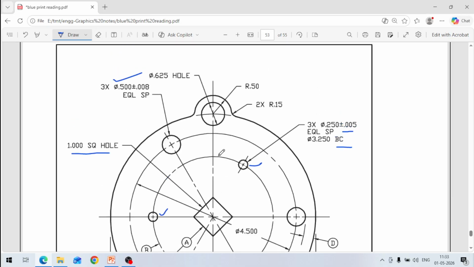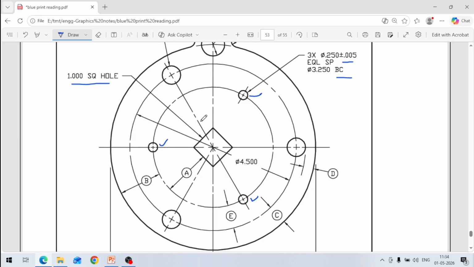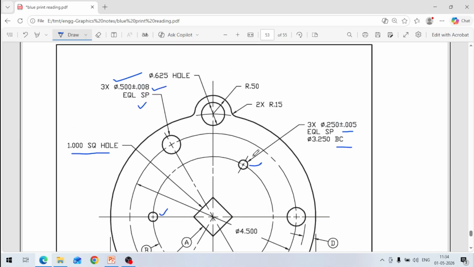Okay. Then next, if you see these 3 holes, dia 0.500, 0.5 inch means half inch dia, and the tolerance is plus minus 0.008 inch, and these are also equally spaced. These 3 holes are given.